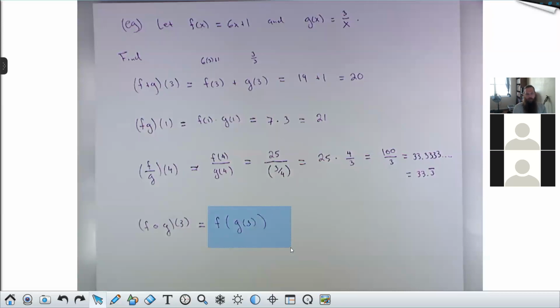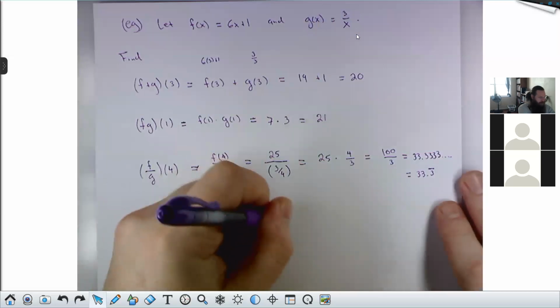To simplify from here, we work from the inside out. What is g of 3? Well, that's not bad. I figured that out up here, remember? g of 3 is 1. It's 3 over 3. g of 3 is what you get when you plug 3 into this function.